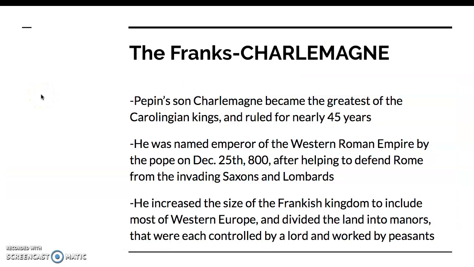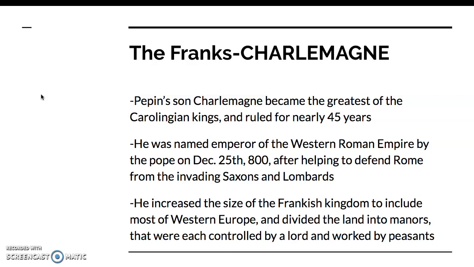The most important king of this dynasty is Pepin the Short's son, Charles. He becomes known as Charles Magnus, which is Latin for Charles the Great, or, as we've combined it together, Charlemagne. Charlemagne becomes the greatest of the Carolingian line of kings and rules for nearly 45 years.